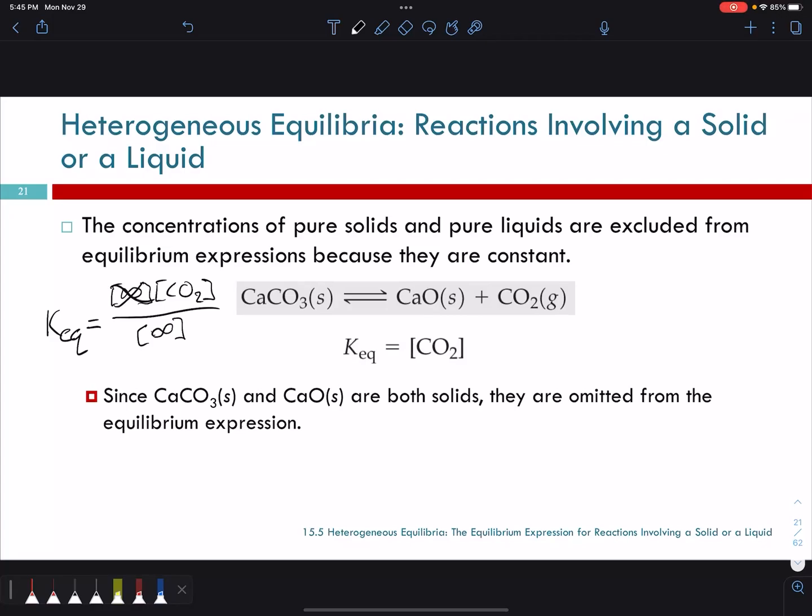So we leave those out. In this case they cancel, which is nice, but that won't always be the case. So our K equilibrium is only dependent on the concentration of CO2. If this number is large, the only thing we really know is that we have a lot of CO2. If it's small, then we don't have very much CO2.